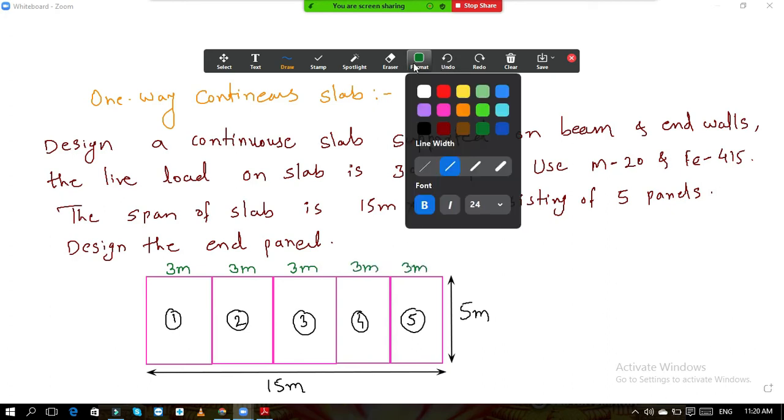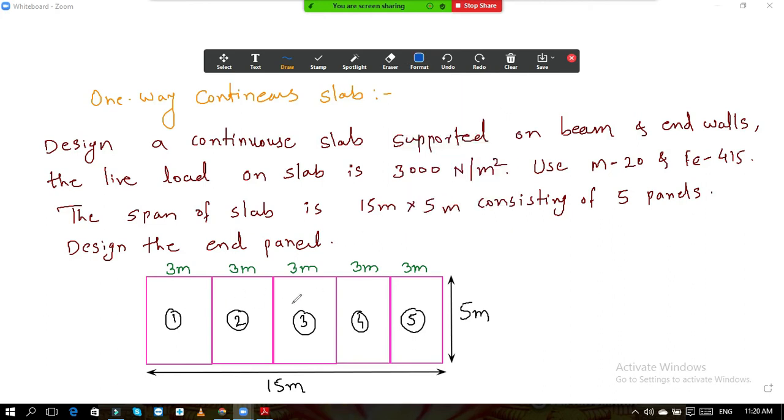Now the next important thing is, out of these 5 panels, panel number 1 and 5 are called end panels because those are placed at the end.